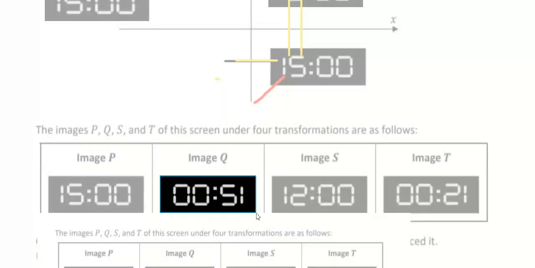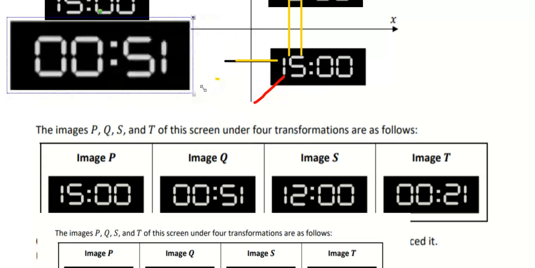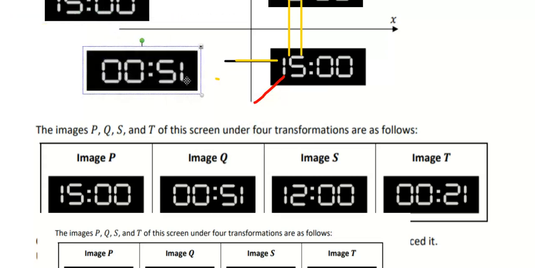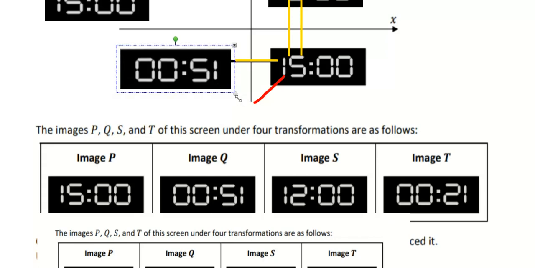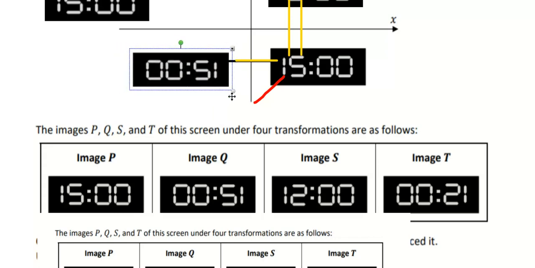So if I take this image here, send it to the current page, reduce its size, what we can see here, guys, is that it's definitely going to be image Q. Okay, because see, the 1 is linked to the 1, they're the same distance, and the part of the 5.